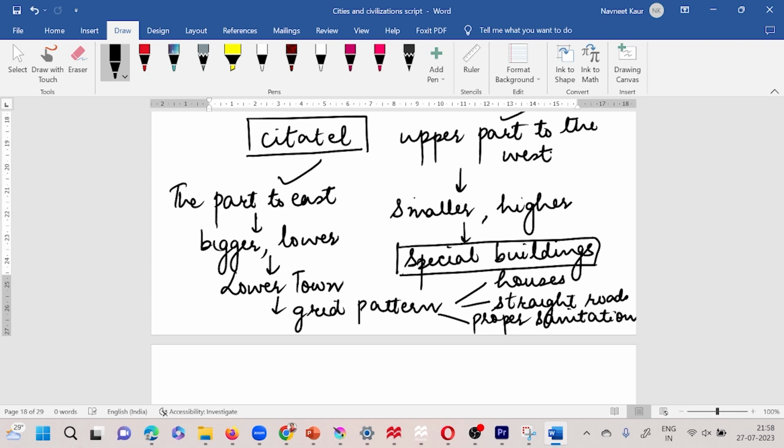The part to the east, bigger and lower, was the lower town, which was laid in a grid pattern with houses, straight roads, and a proper sanitation system.